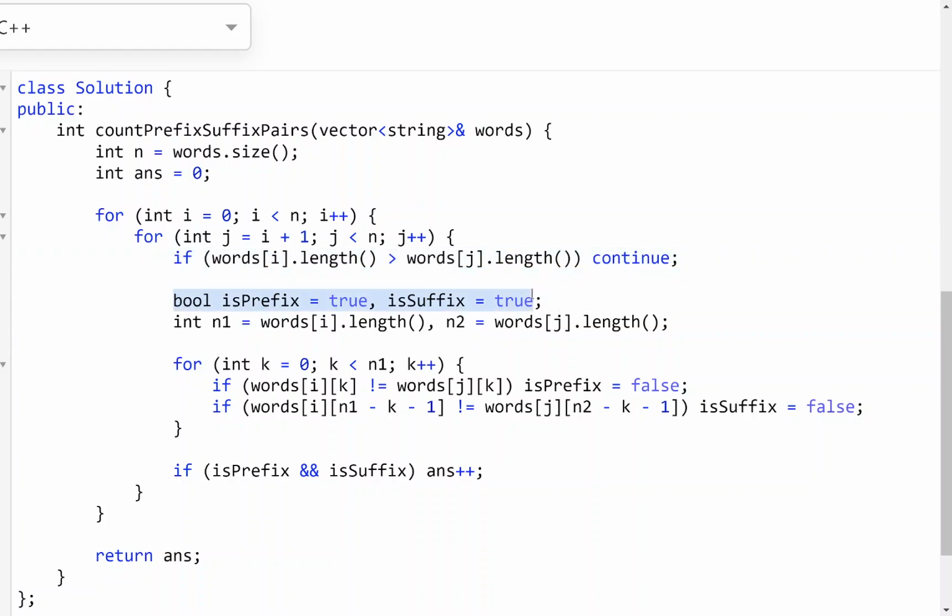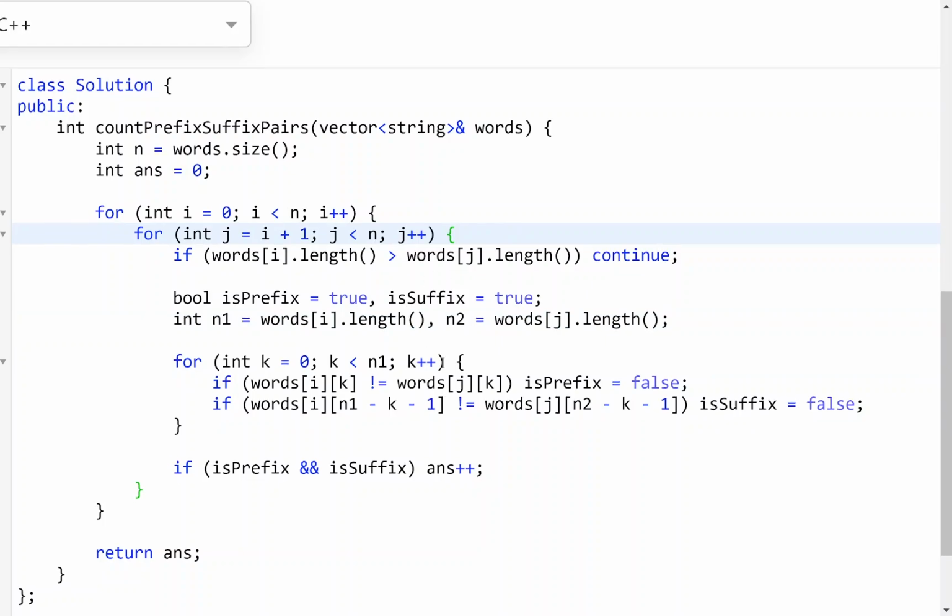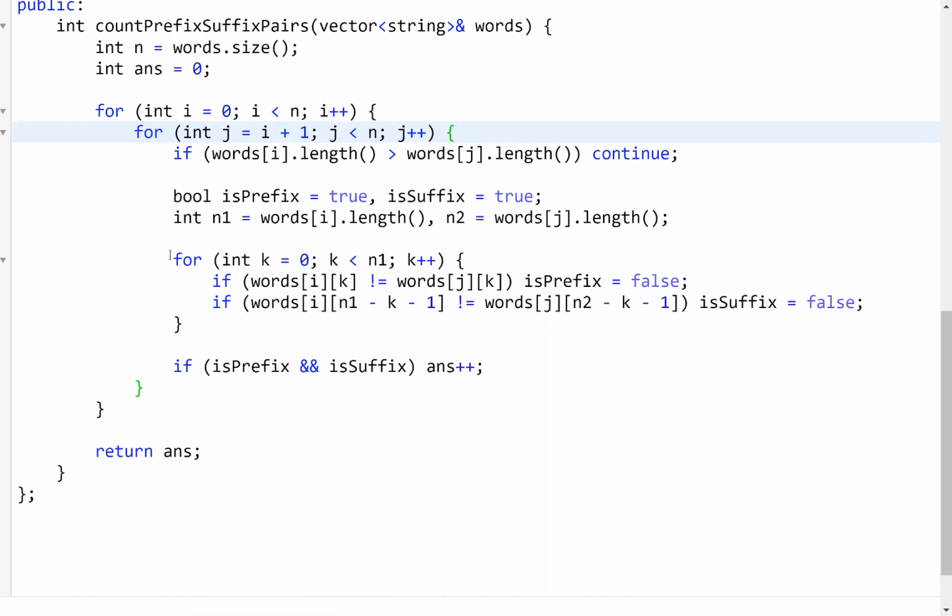Then I use two Boolean variables to keep track of whether the first string is coming as a prefix and suffix or not. So initially I just initialize them as true. I stored their lengths, though you could have defined this thing here and then checked for n1 and n2 also. Okay, after that in the third loop, I am just going on for the length n1.